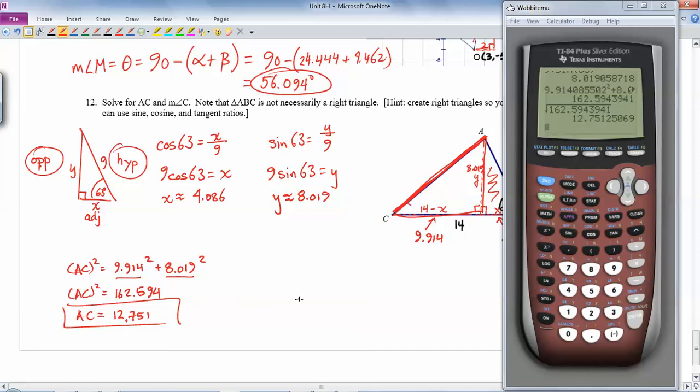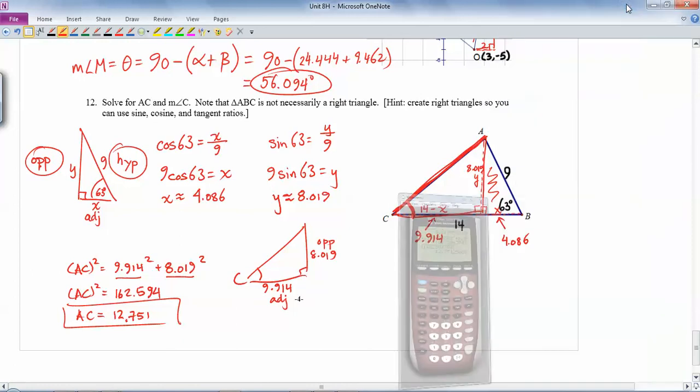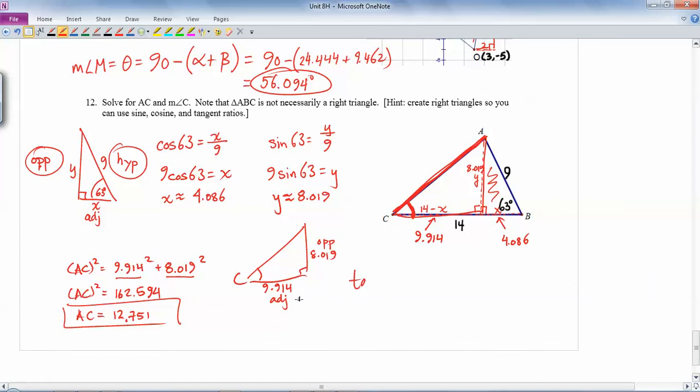To get angle C, well, I've got that right triangle there where this is 8.019 and this is 9.914. And here's angle C. This is the opposite side. This is the adjacent side. So if I wanted to use trig to solve for C, I'd have to use the tangent, because tan of my angle is the opposite side over the adjacent side. And since I want to get the angle now, I'm going to have to use inverse trig. So if I did tan inverse on both sides, I'd get C equals tan inverse of 8.019 divided by 9.914.